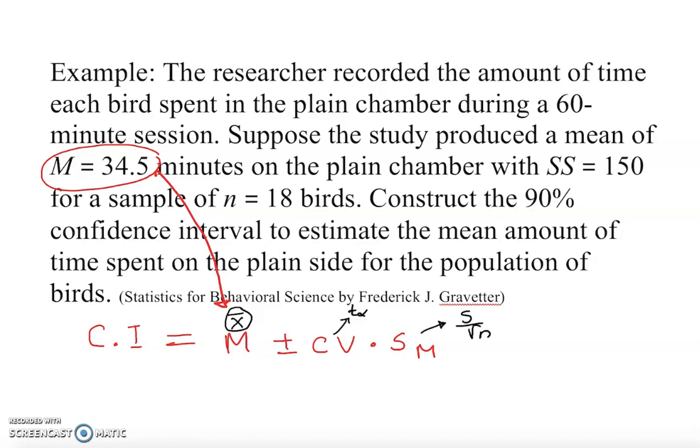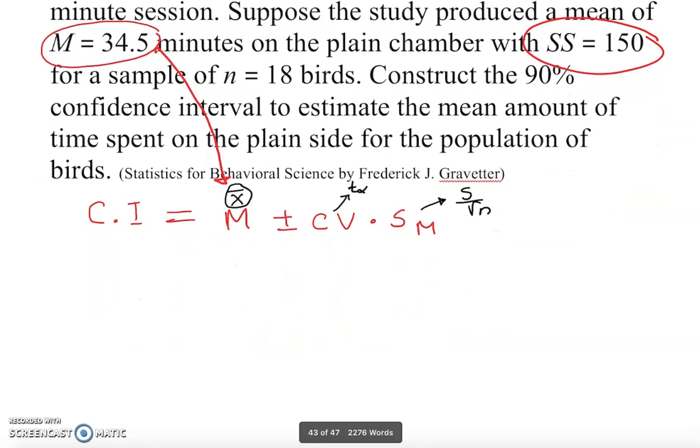Now the next one is the standard error of the mean. Well, we have s. No, we don't have s. We are given SS, as you clearly see. So what information is given? I'm going to write that down at the bottom here.